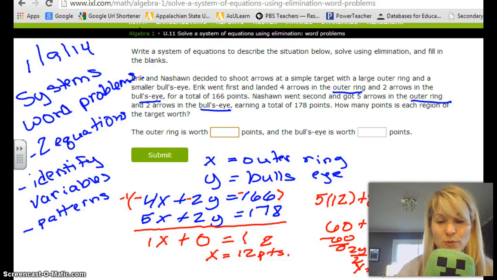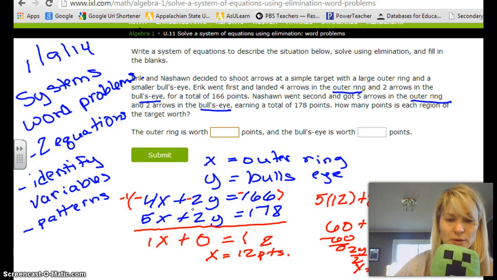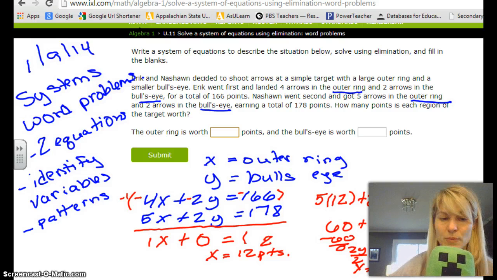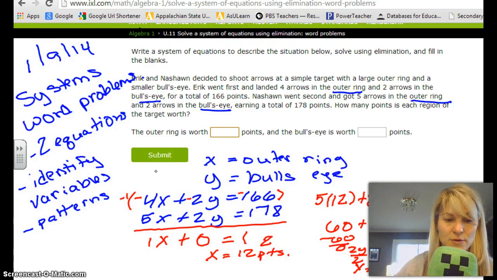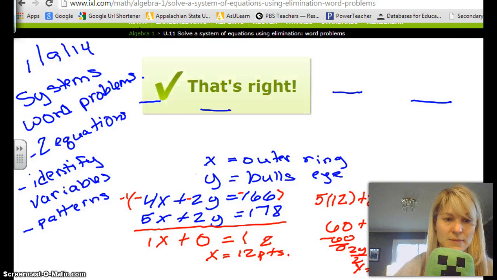If I want to know before, I can plug in my x and y and make sure they work for both, but I'm going to go ahead and just plug it in my computer here. So I have the outer ring is, we said 12 points, and then the bullseye we said was 59. So let's see if we were right.